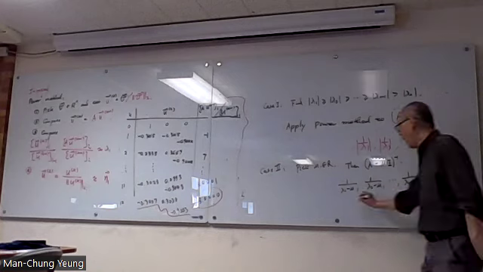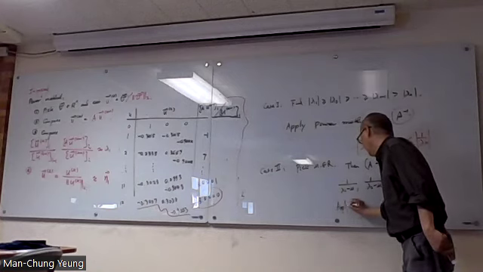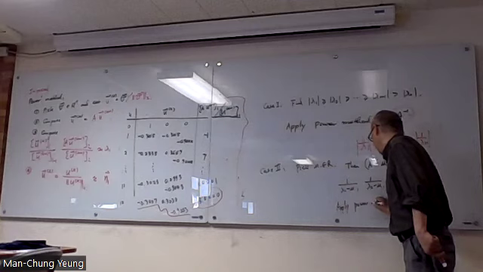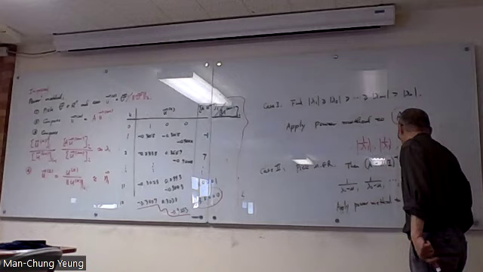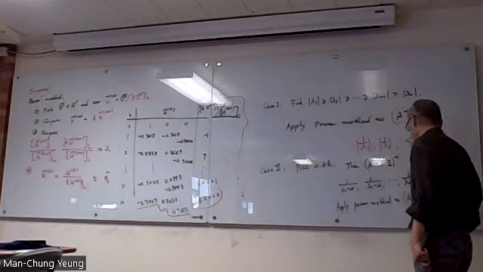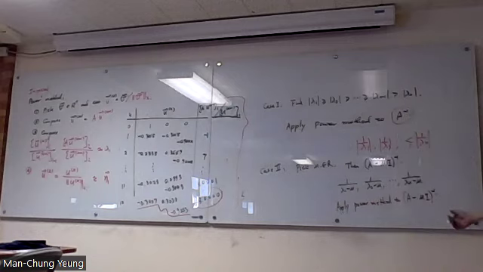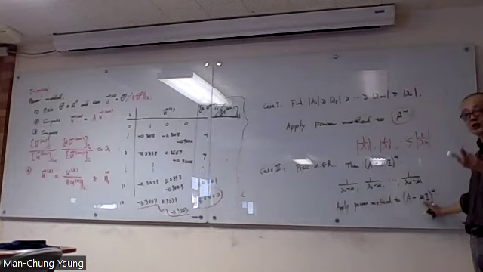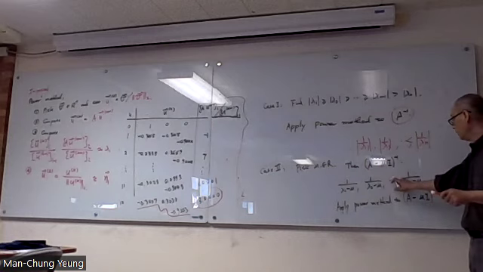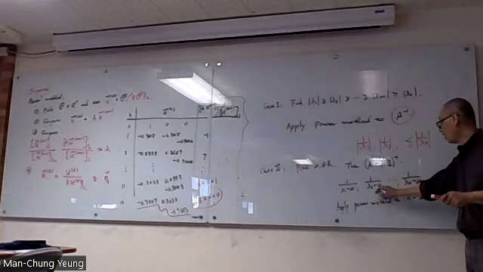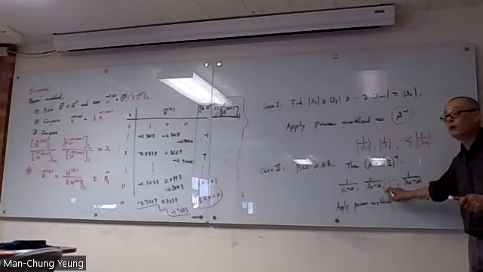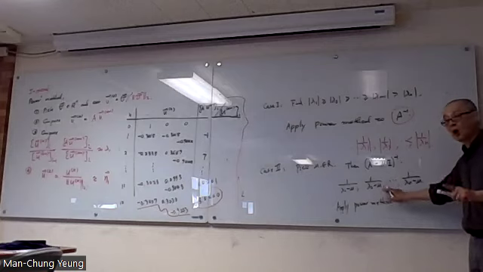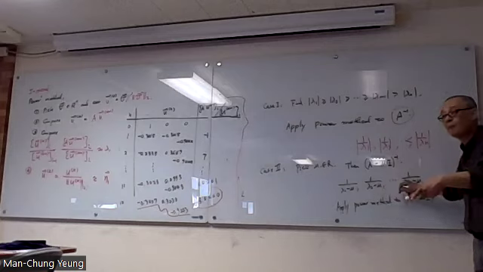Now apply the power method to this matrix. The power method finds the largest eigenvalue, which depends on which lambda is closest to mu. When lambda is closest to mu, 1 over that number is the largest.